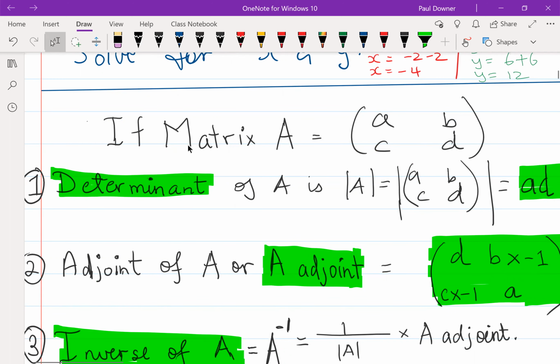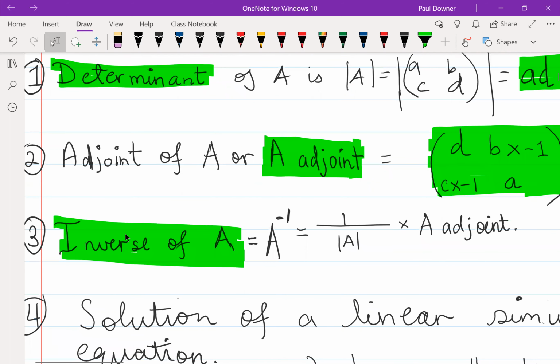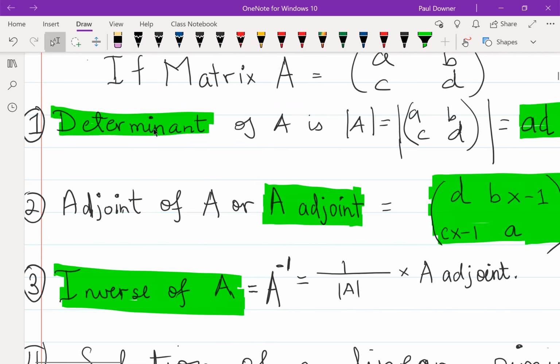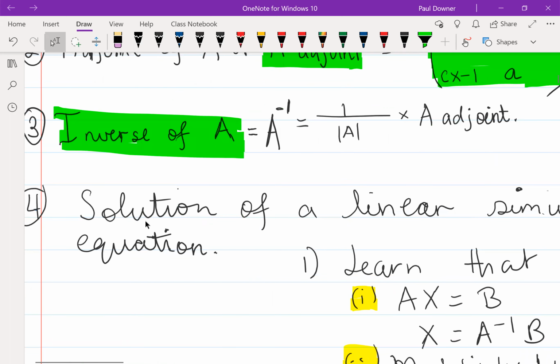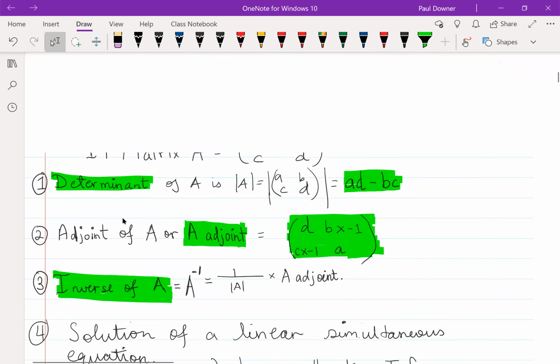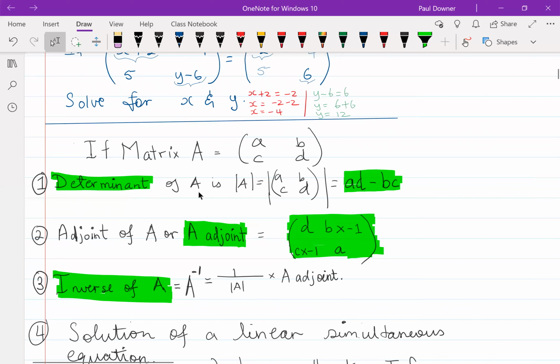Now, there are 3 main points that you need to be aware of when coming to do the 4th step. Let's see what those 3 main points are. Well, the first one is that the determinant of a matrix A is written as A with 2 vertical dashes on it. We are assuming that our matrix A has elements a, b, c, d.